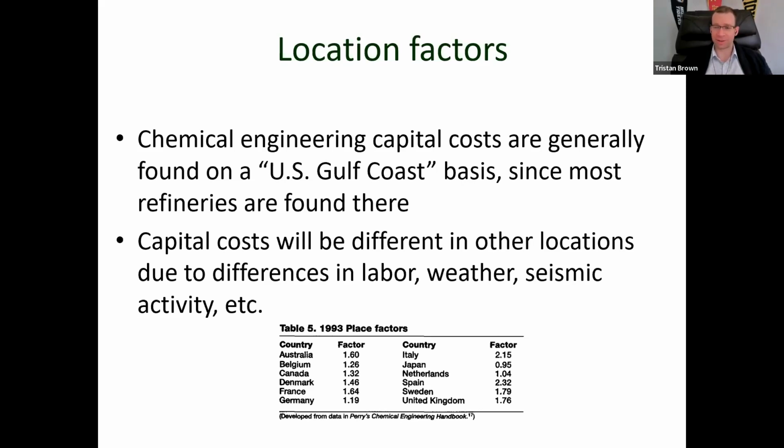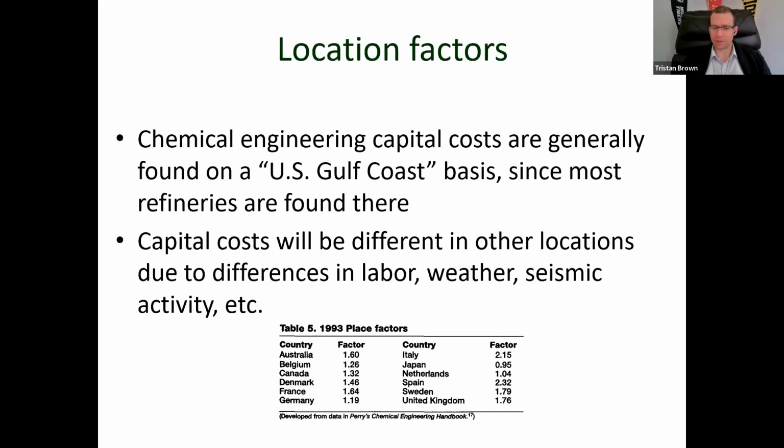There, Southern Italy, there's still a lot of organized crime, which drives up labor costs, cost of doing business, et cetera. Compared to a place like Japan, which even though it's an island, is a very, very law-abiding place, very well regulated, et cetera. Big difference in place factors, at least back in 1993.